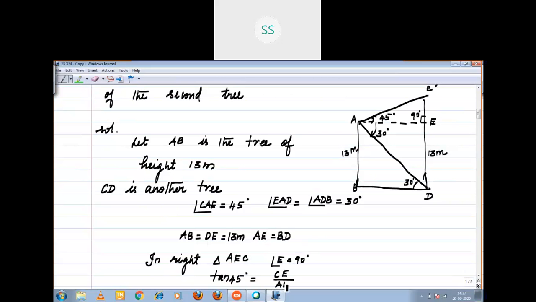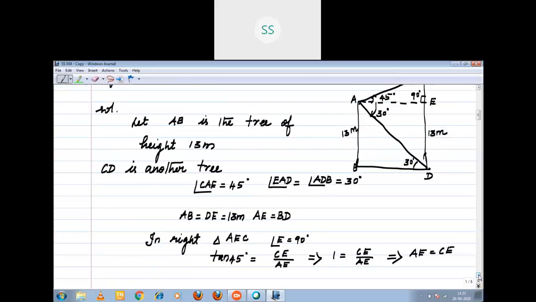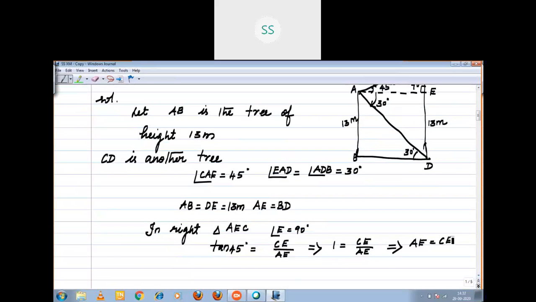That means CE divided by AE, which implies 1 equal to CE divided by AE, which implies AE equal to CE. This is my equation number 1.